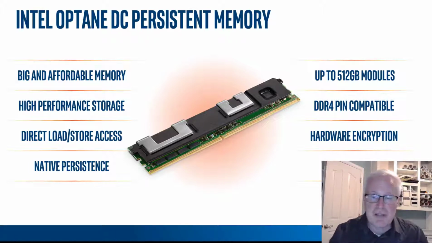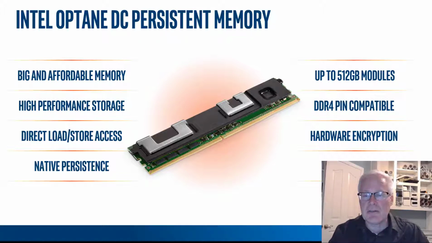So let's take a look at Intel's Optane DC persistent memory real quick. This is really cool technology. It gives me persistence at close to DDR4 speeds. It comes in a DDR4 format, and it fits right into the DIMM slots that you already have. There are different configurations you use to get the most optimal performance, which we'll cover a little bit later.